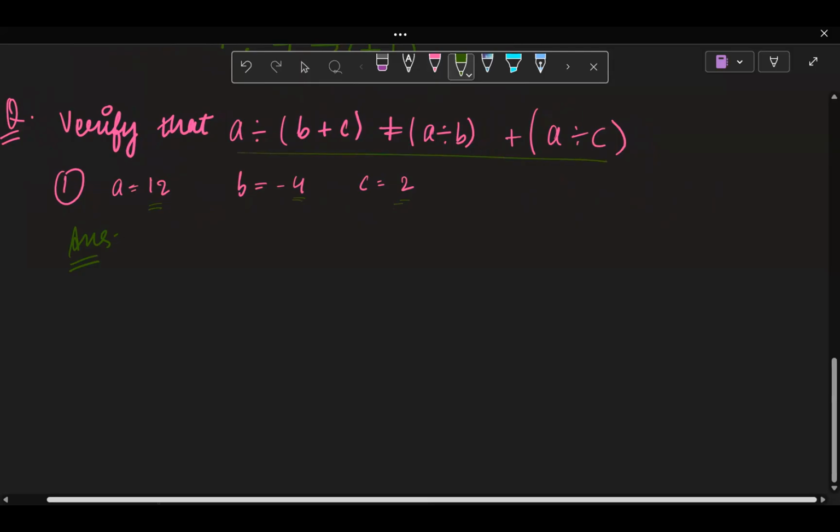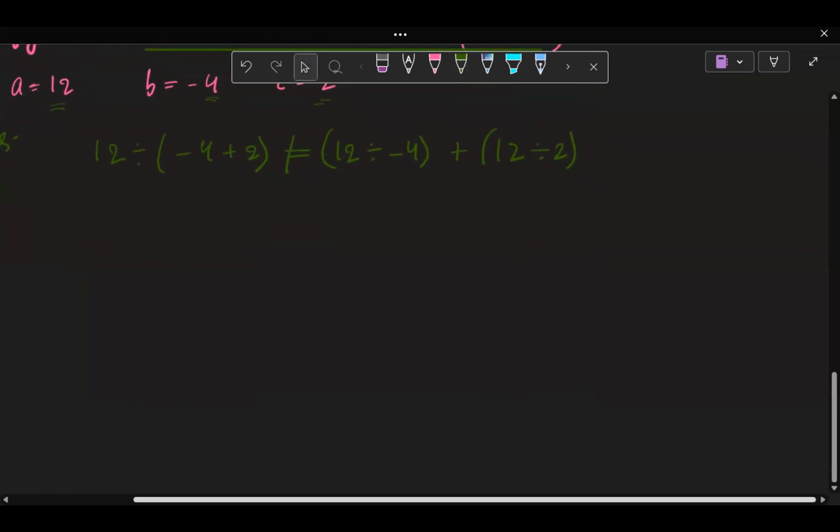So 12 divided by (-4 plus 2) should not be equal to 12 divided by -4 plus 12 divided by 2.